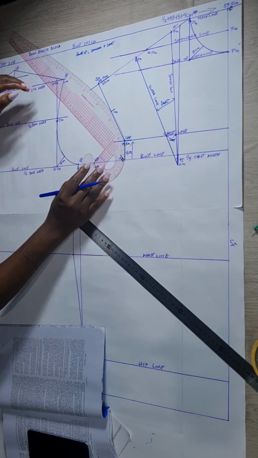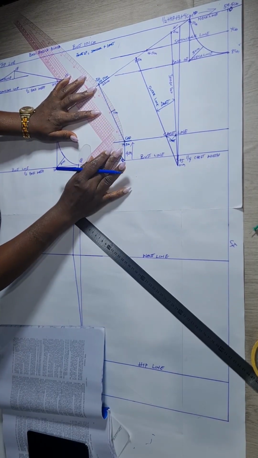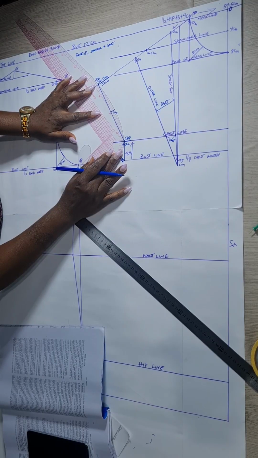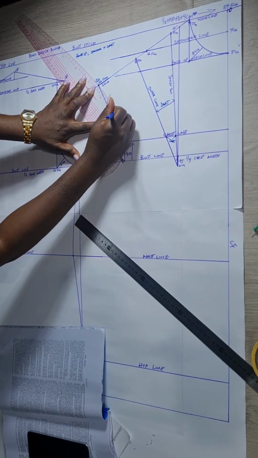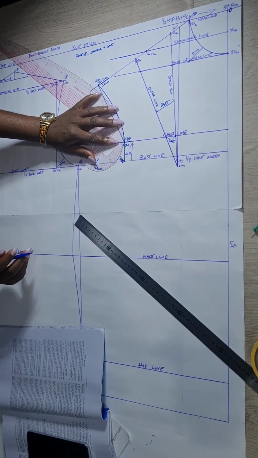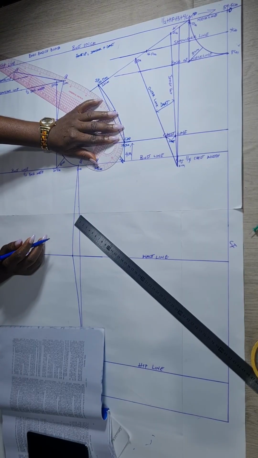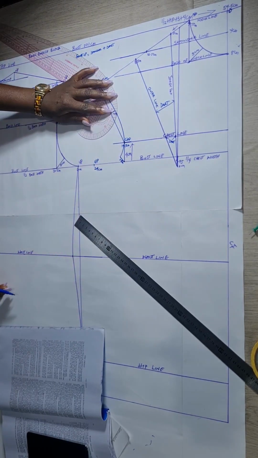The first thing I need to do is connect SP to CHP using this 1 centimeter as a guide. Connect SP to CHP through this 1 centimeter. You see that? The next thing to do is connect from your last point, which is here, to the point 1.5.